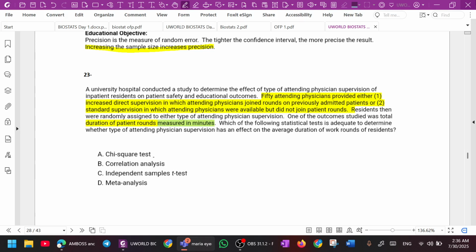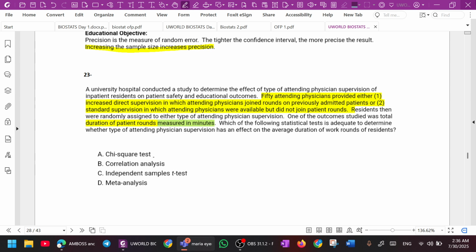Perfect. Independent t-test is the one that's shaky. One group can be numbers, one group can be categorical. So it's better to make sure it's not chi-square and not correlation, and then you're just left with whatever it is. Okay, next one is kind of the same thing.